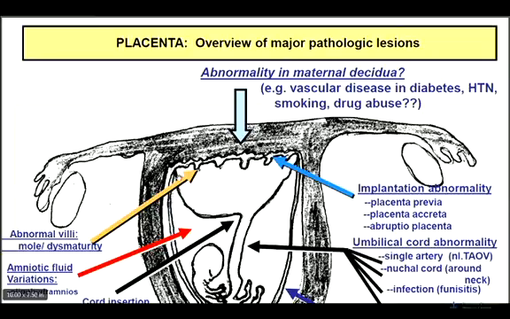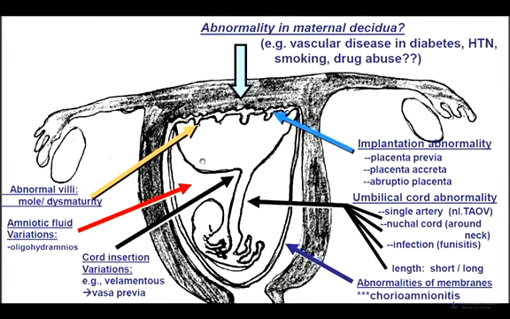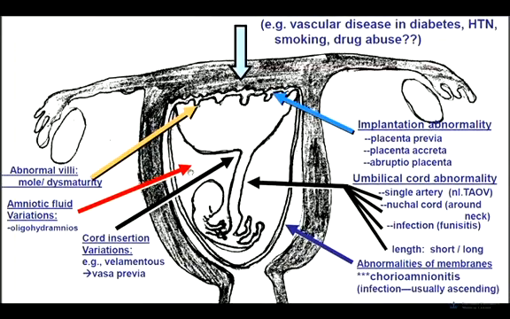There can be problems with the villi. So the villus problem is the mole. That's the cluster of grapes lesion, which we'll see in a moment. There can be problems creating the amniotic fluid, and one of them is having too little fluid. The baby's growth is impaired, and that's called oligohydramnios.